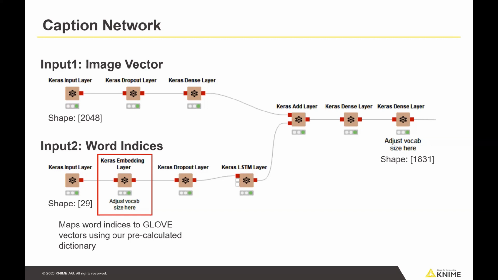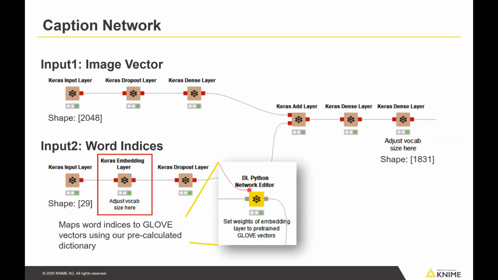We want the layer to only perform this mapping from our vocabulary index to the corresponding GloVe vector. So we can use the Python network editor, where in a few lines of code we just set the internal weights of this Keras embedding layer to our previously created Python dictionary, where we extracted the GloVe features, and mark this layer as untrainable. So this layer will exactly perform this mapping for us, so we don't have to do it on our own.